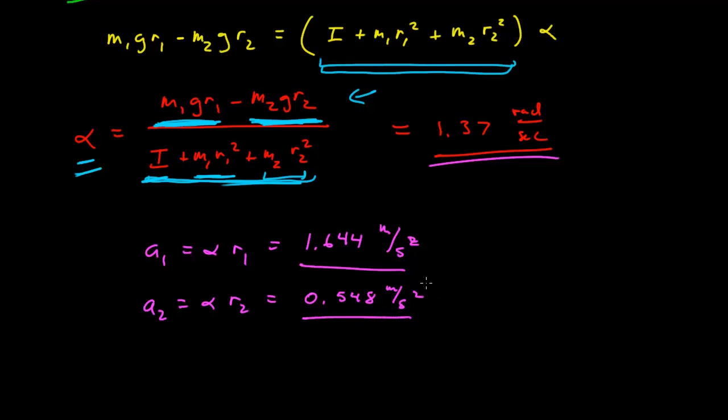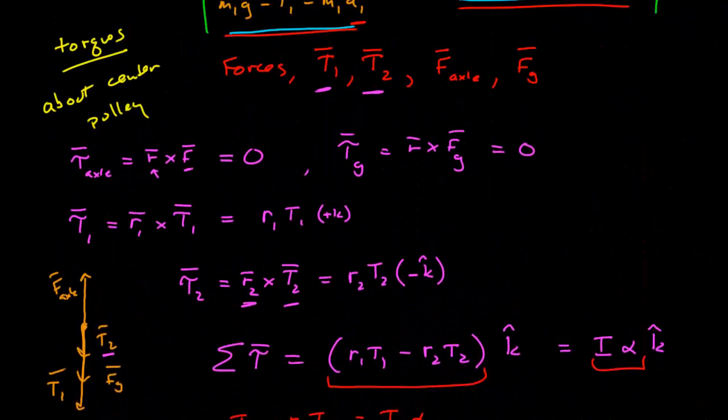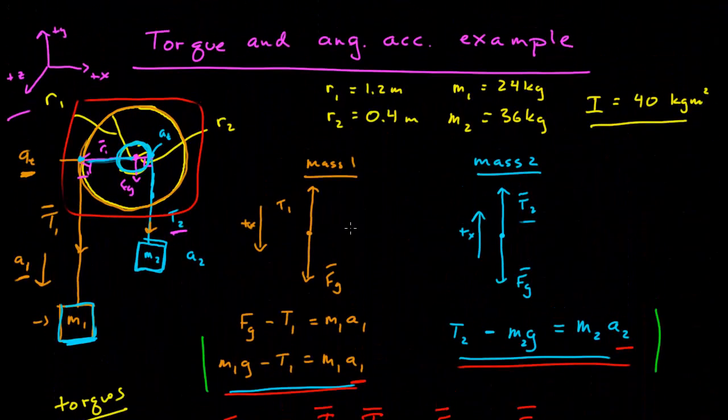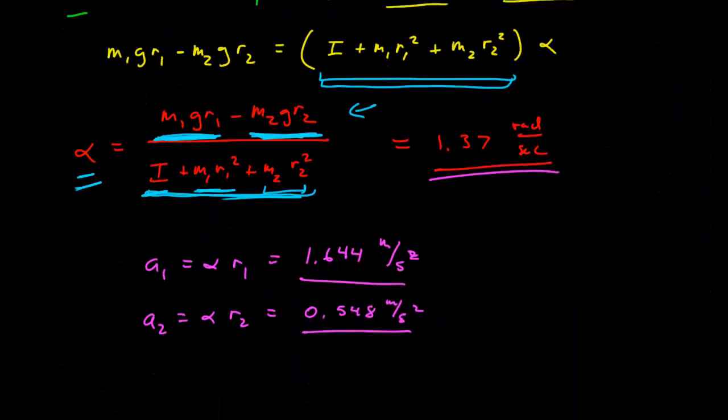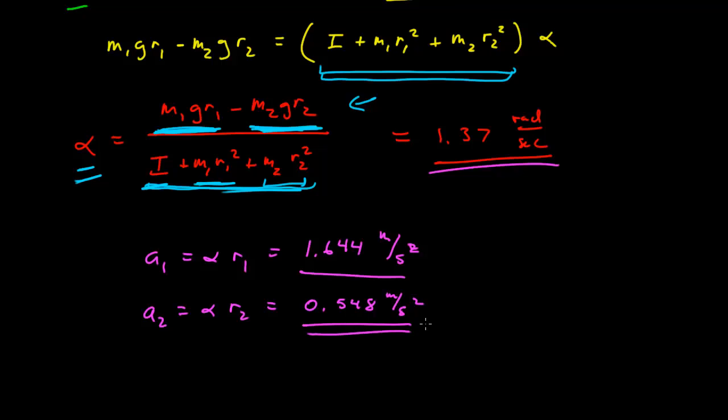So again, these are both positive, given how I defined my coordinate system for each mass. Mass 1 is accelerating down, mass 2 is accelerating up, and mass 1 is accelerating much faster, has a larger acceleration than mass 2. The acceleration of mass 2 is much lower, so it accumulates a much lower velocity over time. And so that's the accelerations of the two masses.